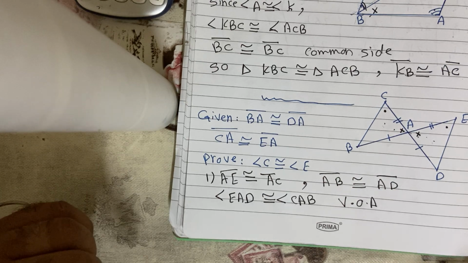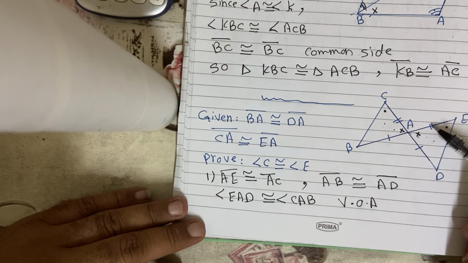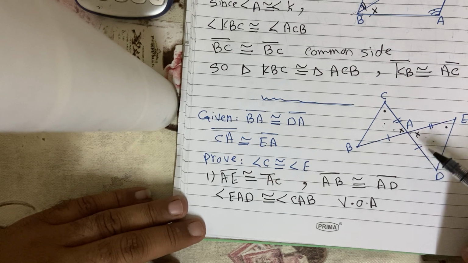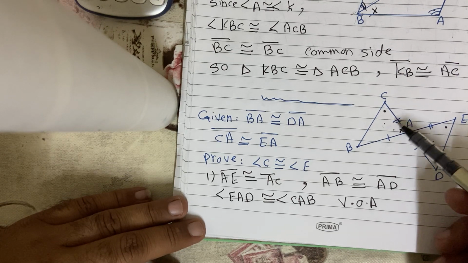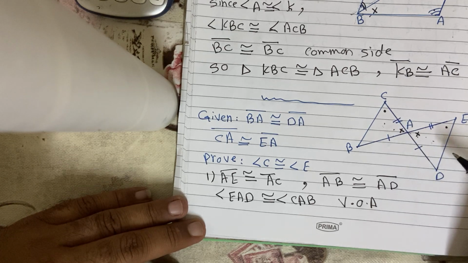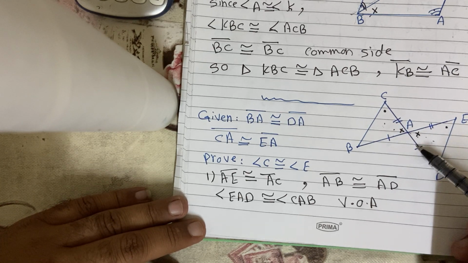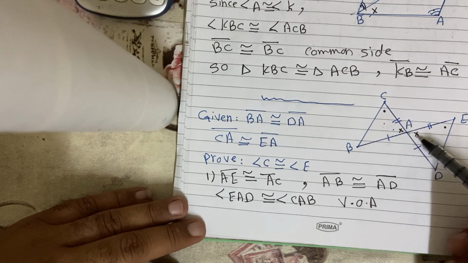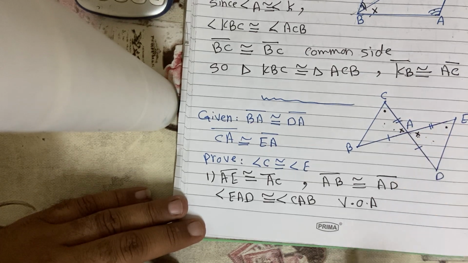Now the two triangles are congruent because you have side and included angle, and another side and included angle. So the two triangles are congruent.